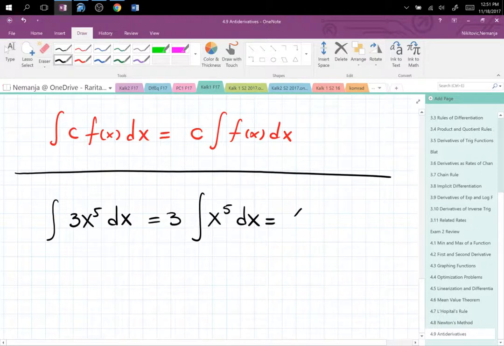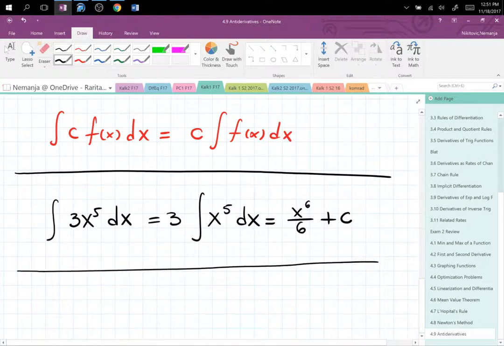So this has to be x to the 6 over 6, and then we put this plus c. You always have to put plus c. Remember that one. Problem solved. Oh, I forgot my 3. There's a 3 there. So they cancel down to a half. So x to the 6 over 2 plus c.